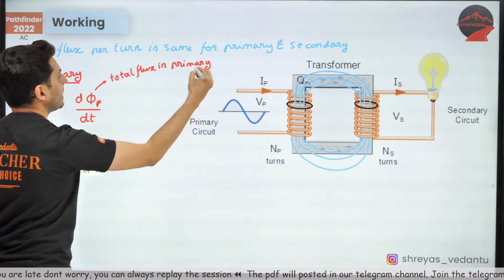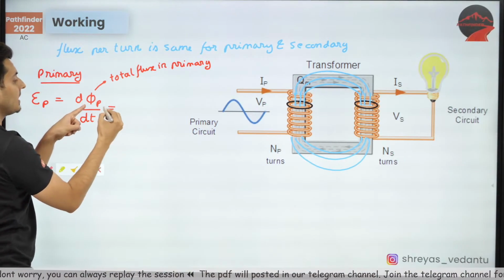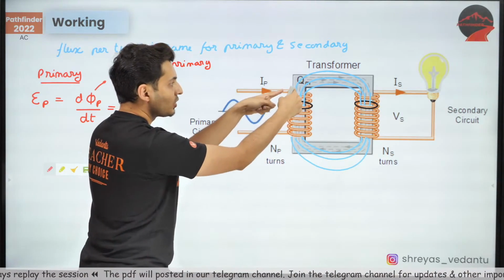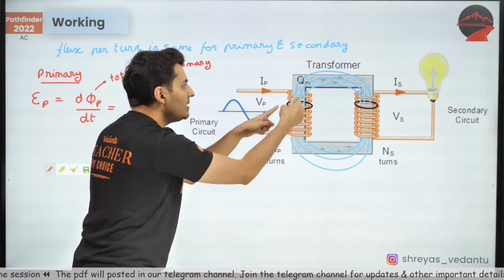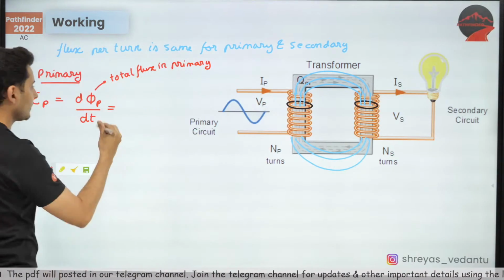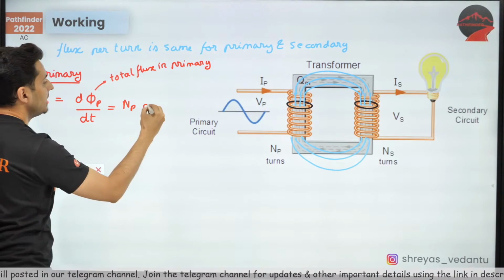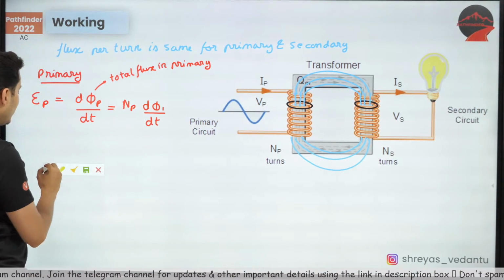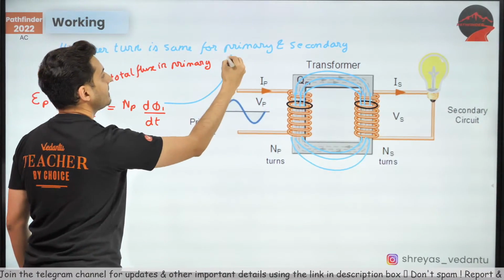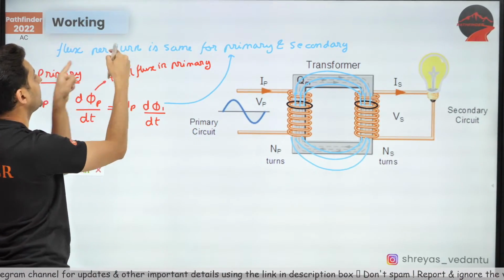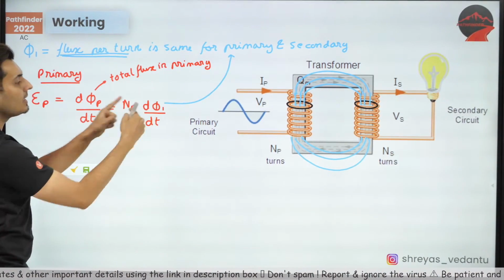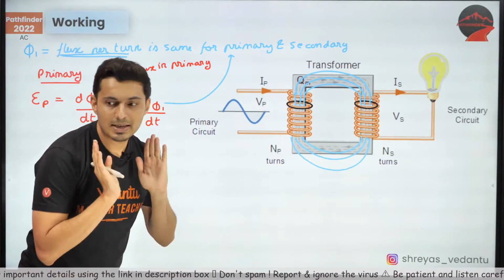Remember there are NP turns, so it is NP into the flux through each turn. So it will be NP into d phi 1 by dt. What is d phi 1 by dt? It is the rate of change of flux per turn, which is phi 1. I hope this makes sense.